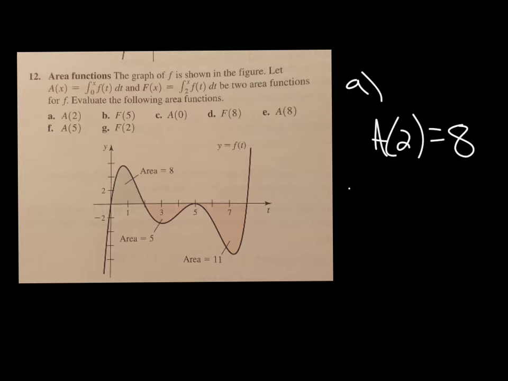Okay, so then B is F of 5. So we're finding an area function, we're evaluating it at 5, but now we're starting at 2. So now we're starting at 2, going to 5. The area is 5. Of course, it's below the x-axis. So F of 5 is equal to negative 5.